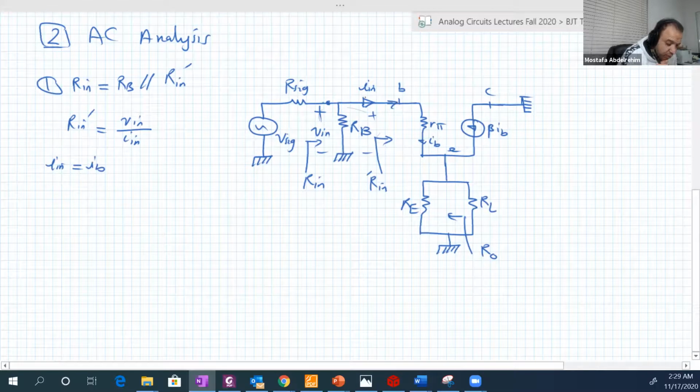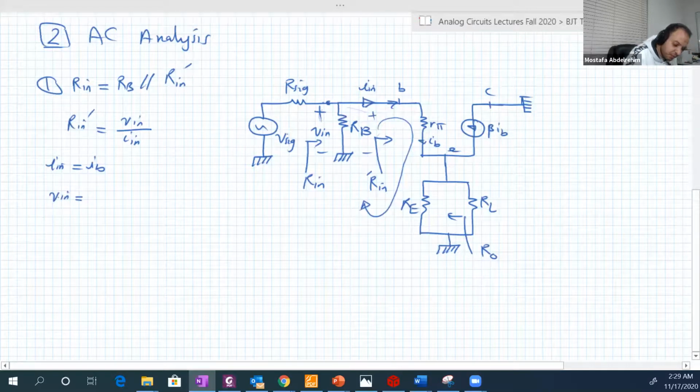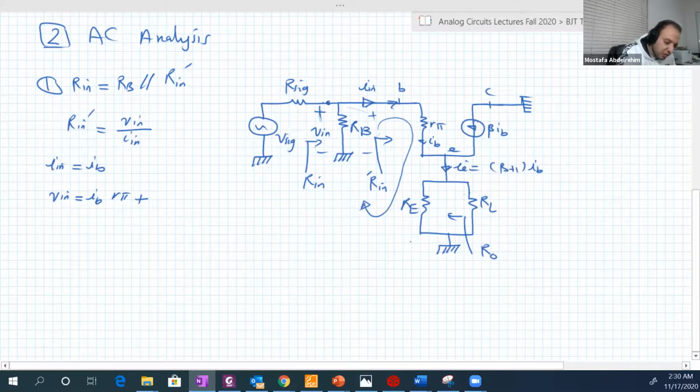How about V input? You just make a loop here and you will get it. V input is equal to IB r-pi plus the current through here, which is IE, beta plus 1 IB, flowing in both resistances in parallel. So the voltage here on RE or RL is the same because they are parallel, equal to beta plus 1 IB times RE parallel RL. Let's now substitute.